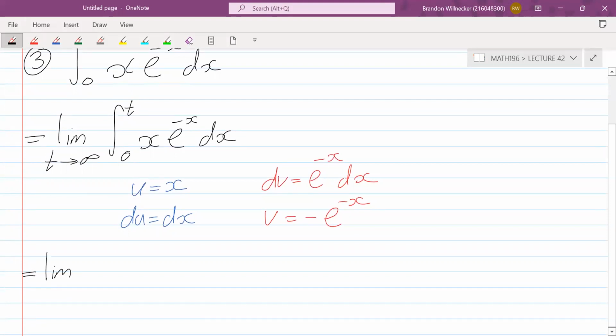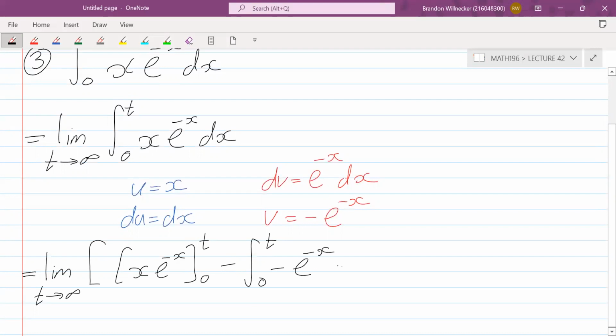We get the limit as t goes to infinity of u times v, so x e to the minus x from 0 to t, minus the integral from 0 to t of v du. So that's minus e to the minus x dx. So that's after doing our integration by parts.